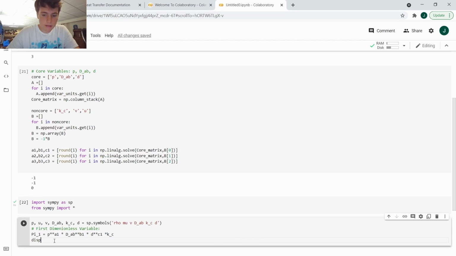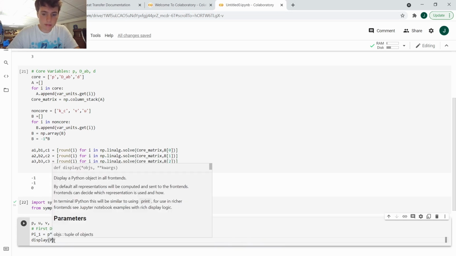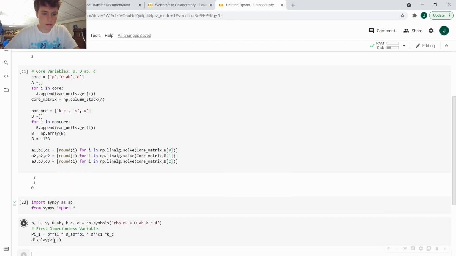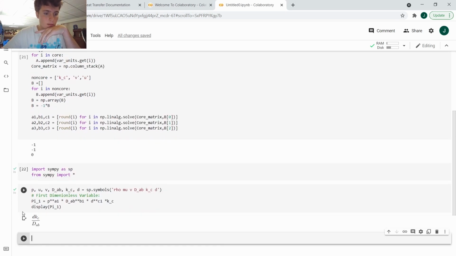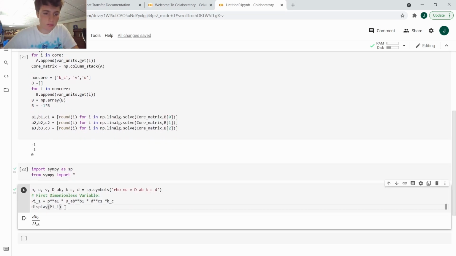Just like that, we can display pi1. So there we go. That's our first dimensionless variable.